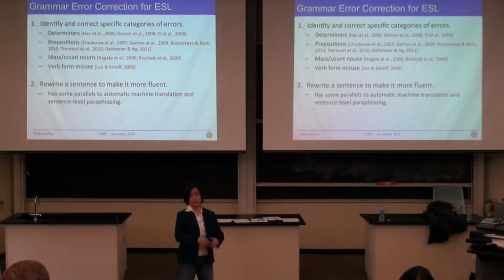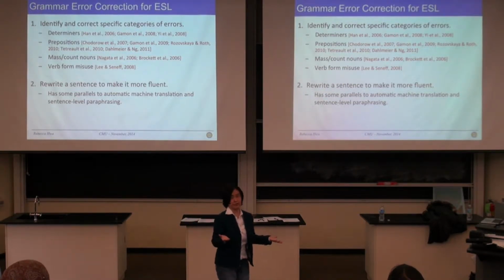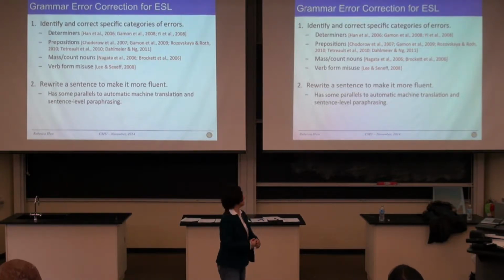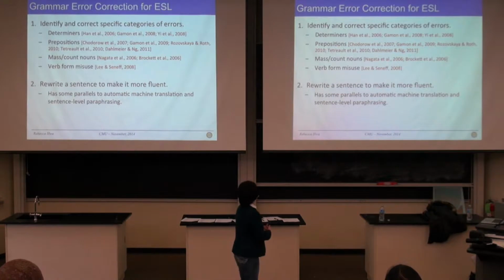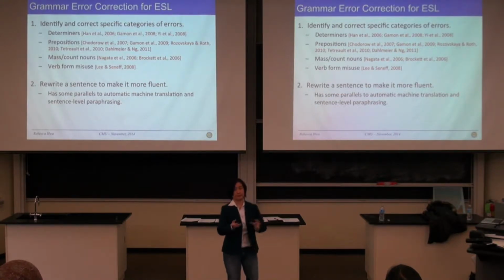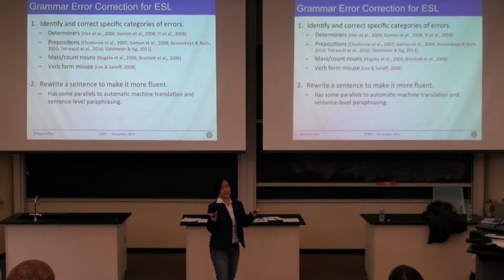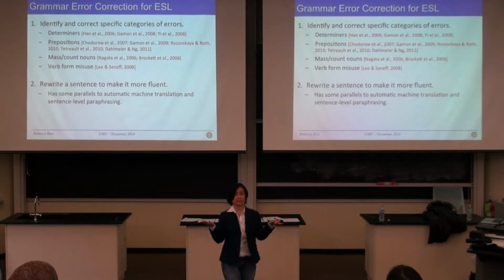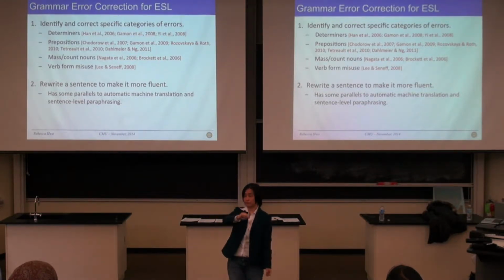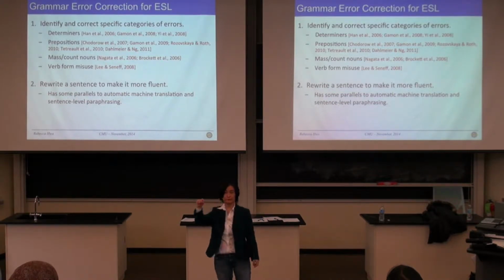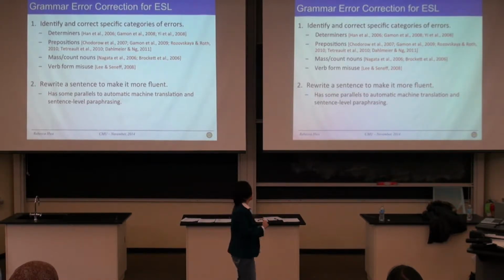Typically in this talk it's for English as a second language, but it's really for any language as a second language or third language. But what people typically do, and again, English being the one that people study a lot, there's been a lot more resources and a lot more previous work on this. Typically, you would think of this as your Word. For example, if you use Microsoft Word, you write a sentence that's not fully fluent, you'll see a little green squiggle line telling you that maybe you want to rephrase it.